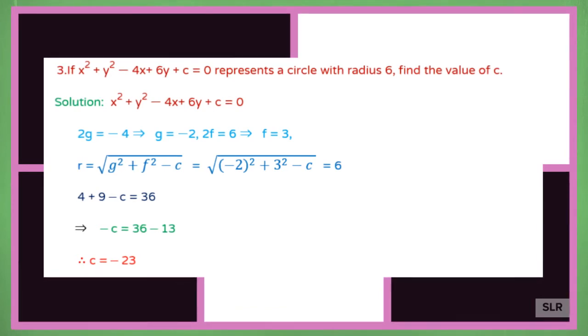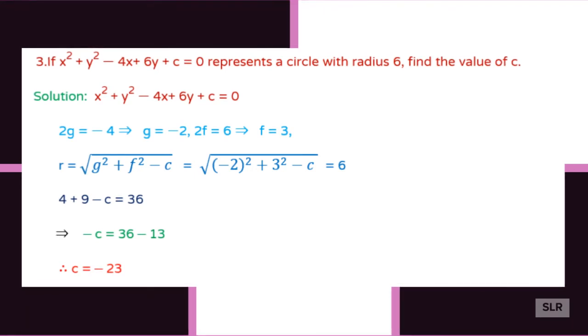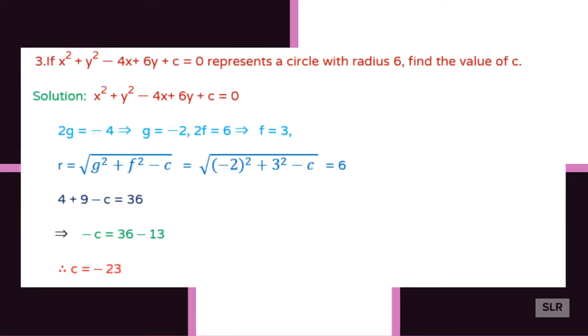Solution: the given circle is x² + y² - 4x + 6y + c = 0. Comparing with the standard form x² + y² + 2gx + 2fy + c = 0, 2g = -4, g = -4/2 = -2, 2f = 6, f = 6/2 = 3.